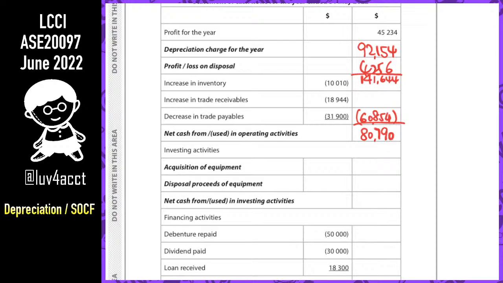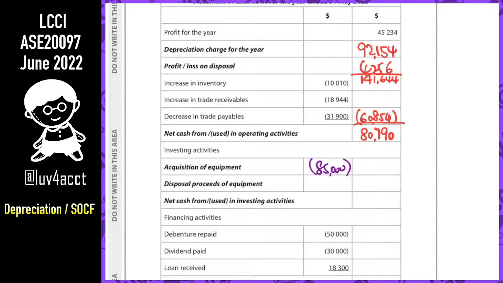Let me change to another color. Investing activities. You have acquisition of equipment. I remember it is 85,000. You make a payment to purchase, so that's one negative. Disposal proceeds of equipment: you receive money because of the disposal.